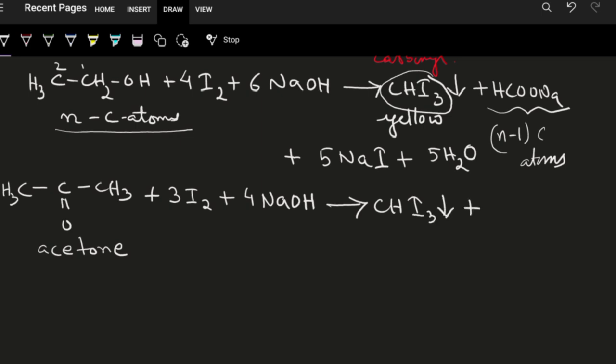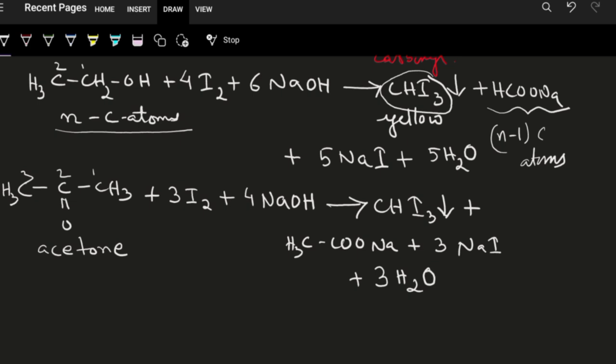One carbon atom less, as I said: here there are 3 carbons, and in iodoform only one carbon atom is involved, so the remaining 2 form CH3COONa plus 3 moles of NaI plus 3 moles of H2O.